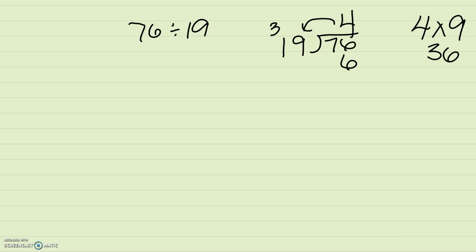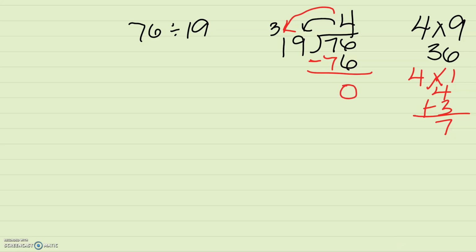Then we have 4 times 1, which is 4. And then we add the 3 that we carried from the 4 times 9, and that gives us 7. So we write down our 7. Then we have to subtract. 76 minus 76 is going to give us 0.